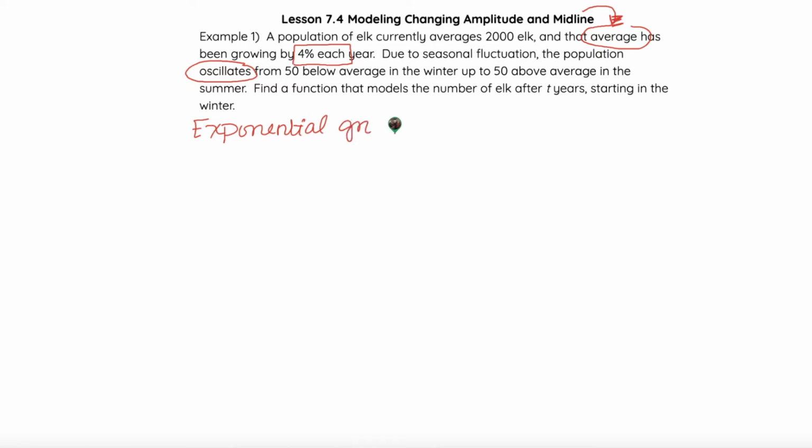And that exponential growth is starting at 2,000, growing 4% each year.